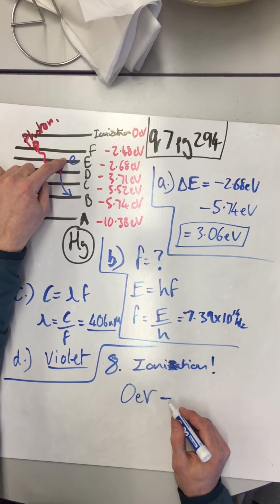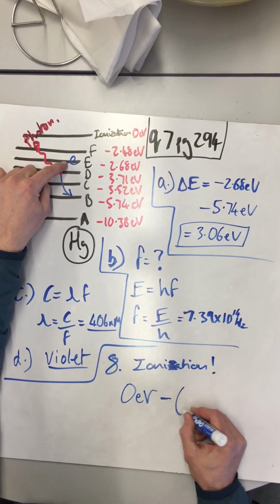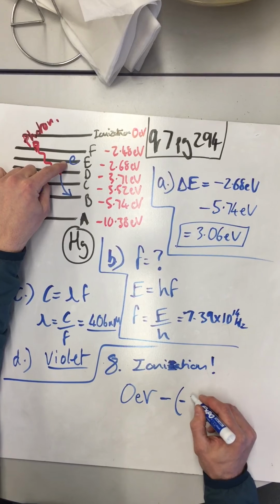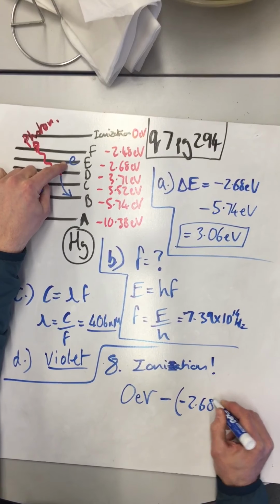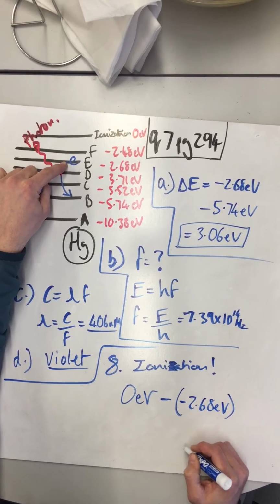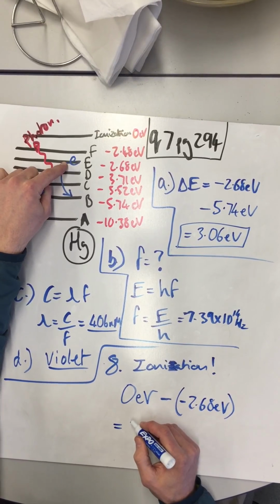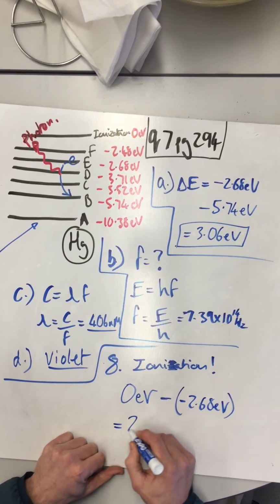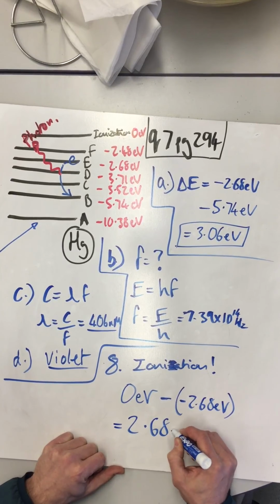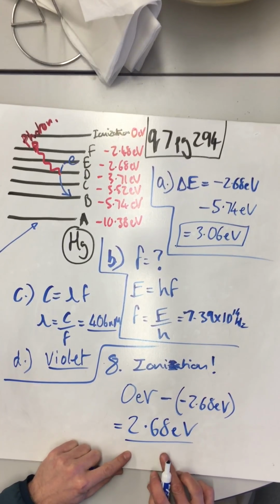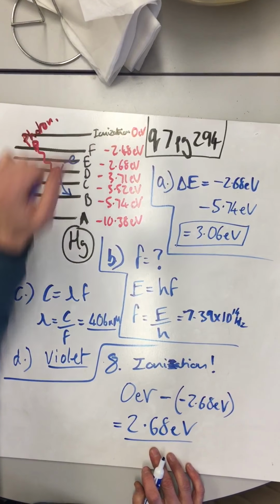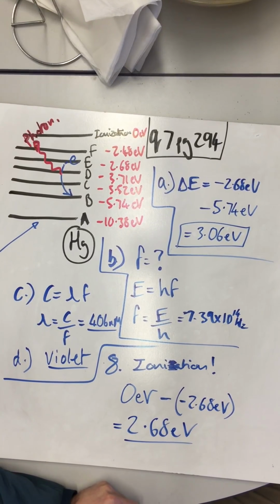So this question is saying we're already at E, so I'm going to subtract my negative 2.68 electron volts, and well, you can see, pretty obvious, it is 2.68 electron volts. That's going to be my answer. I need that amount of energy to get myself to 0 to ionize.